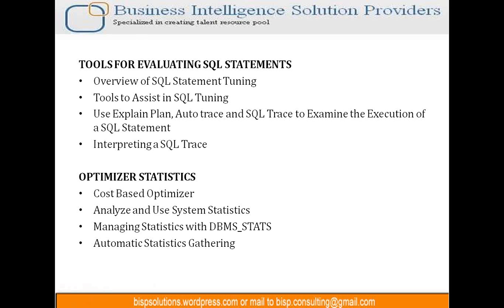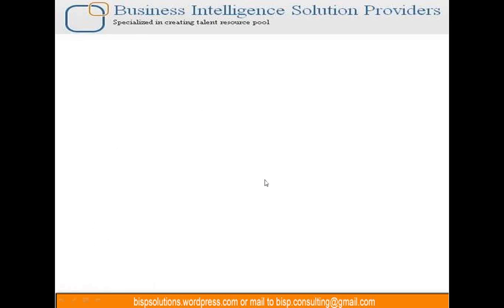And then we will have a look at the optimizer statistics, what exactly an optimizer is, what it does, and what the different types of optimizers are. We have what is called the cost-based optimizer, and then we'll see how the statistics are gathered for this optimizer.